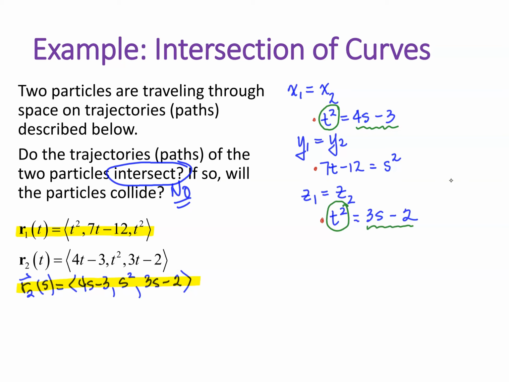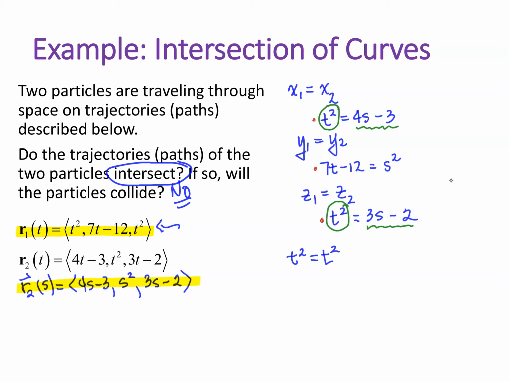Those t squareds are parameters from the same vector valued function, so those values should be the same. So here's the big idea. Certainly t squared should equal t squared. Whatever t is for R1, those should produce the same value.